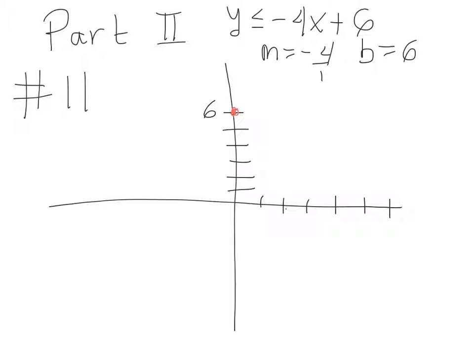Then you move 4 down based on the slope. So it's 1, 2, 3, 4, and then 1 to the right. Again, 4 down, 1, 2, 3, 4, and then 1 to the right.